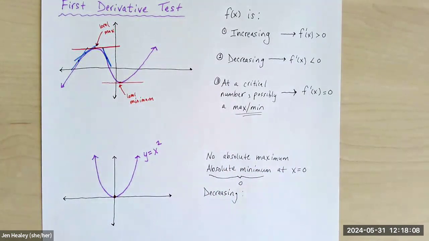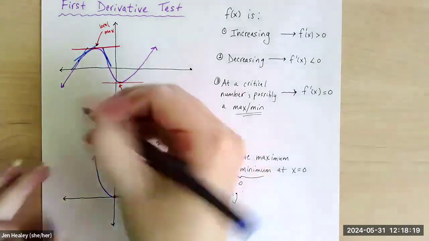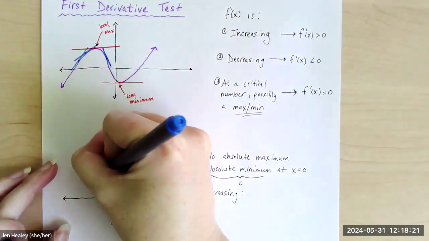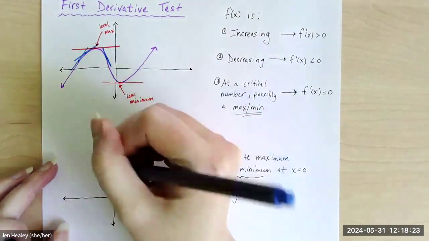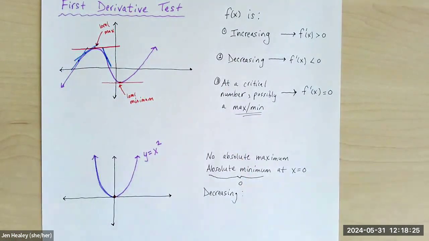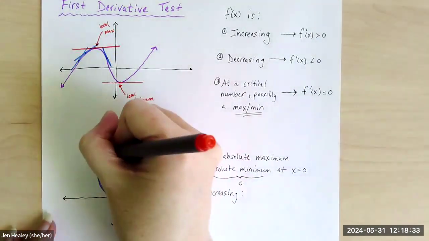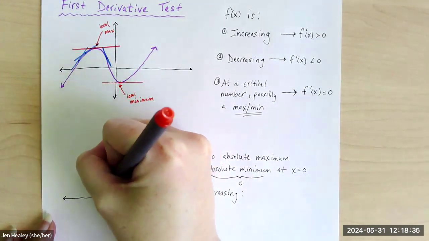the function is decreasing anywhere that if I were to take a derivative, I'd get negative slopes. And so all the way from here down to 0, negative infinity to 0, that's going to be a decreasing part. Oh, 0, sorry. That looks like the same color. Let's try red.